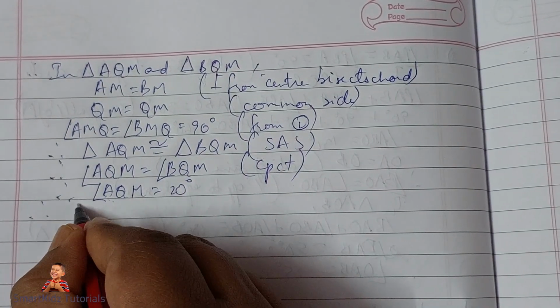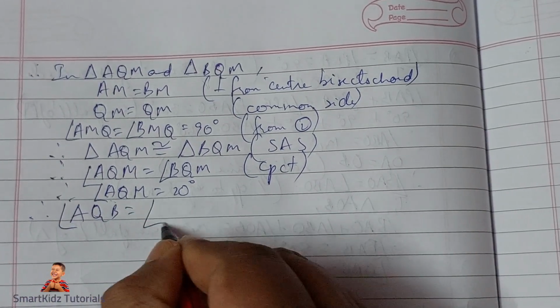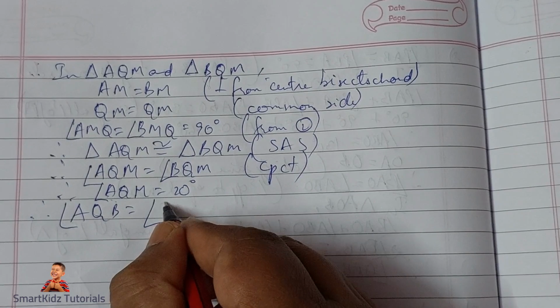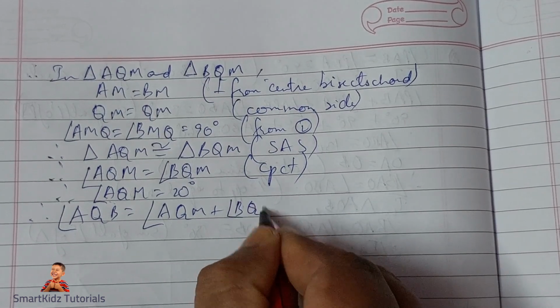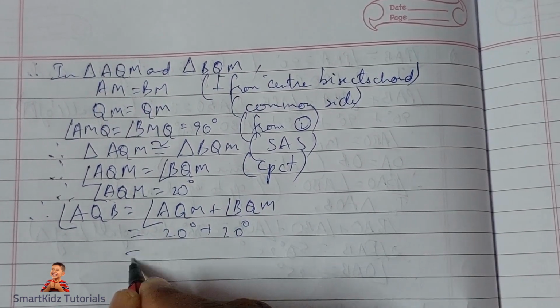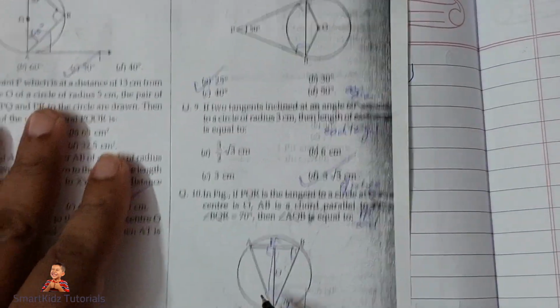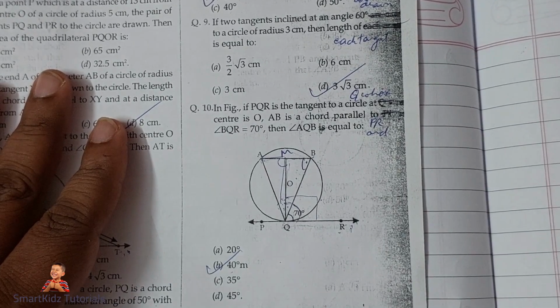Angle AQB, which we need to find out, is equal to the sum of angle AQM plus angle BQM. 20 degrees plus 20 degrees equals 40 degrees, which means the correct answer is B, 40 degrees.